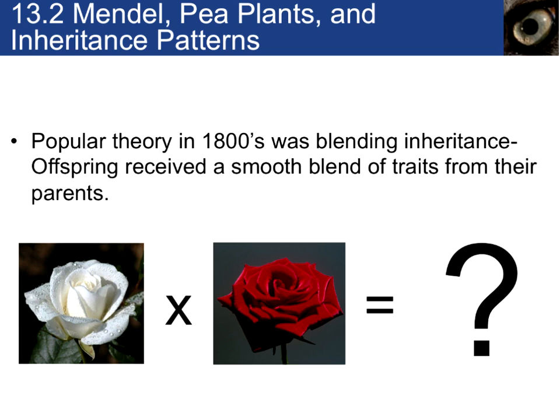So a popular theory in the 1800s was blending inheritance. This means that offspring received a smooth blend of the traits from their parents. Just like mixing coffee with creamer, this meant that the offspring should be a continuous blend of the parents' traits. So if this were true, if you crossed a white rose and a red rose, what would you expect to get?